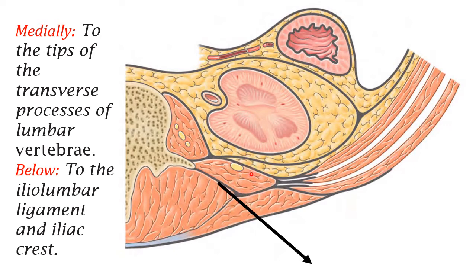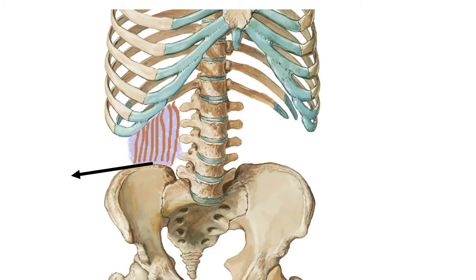Between these two layers, you can identify the Quadratus Lumborum muscle. As we have discussed earlier, inferiorly it forms the iliolumbar ligament.